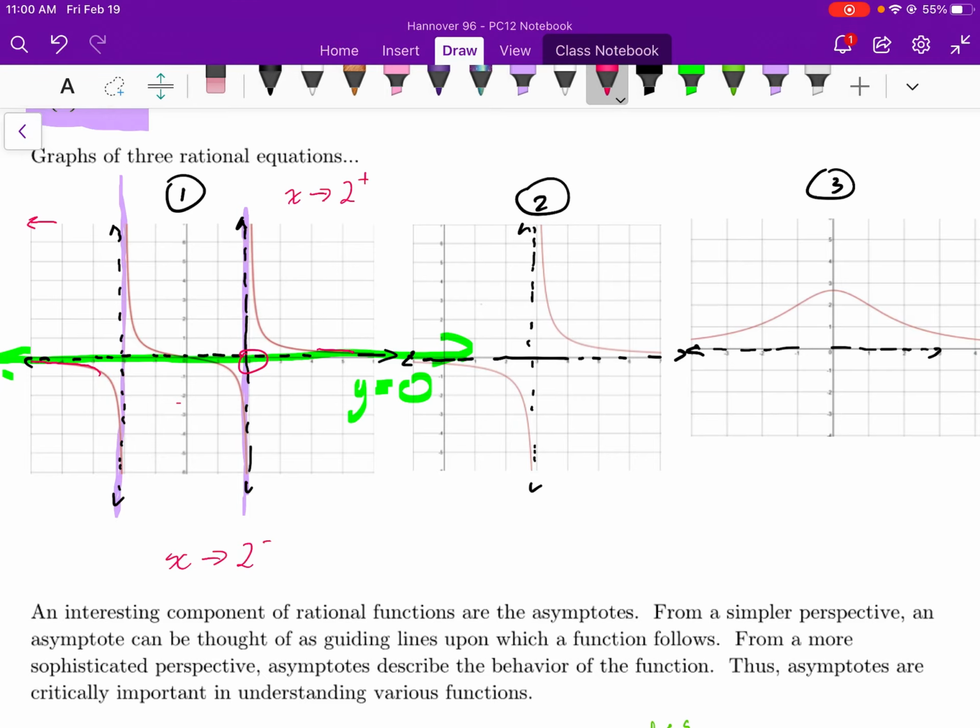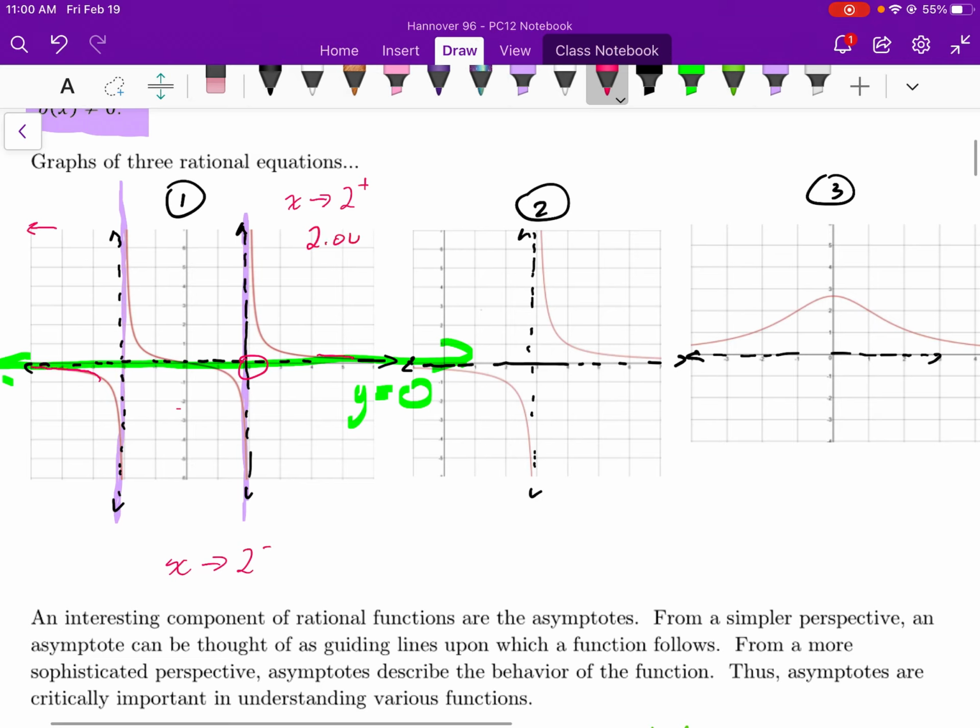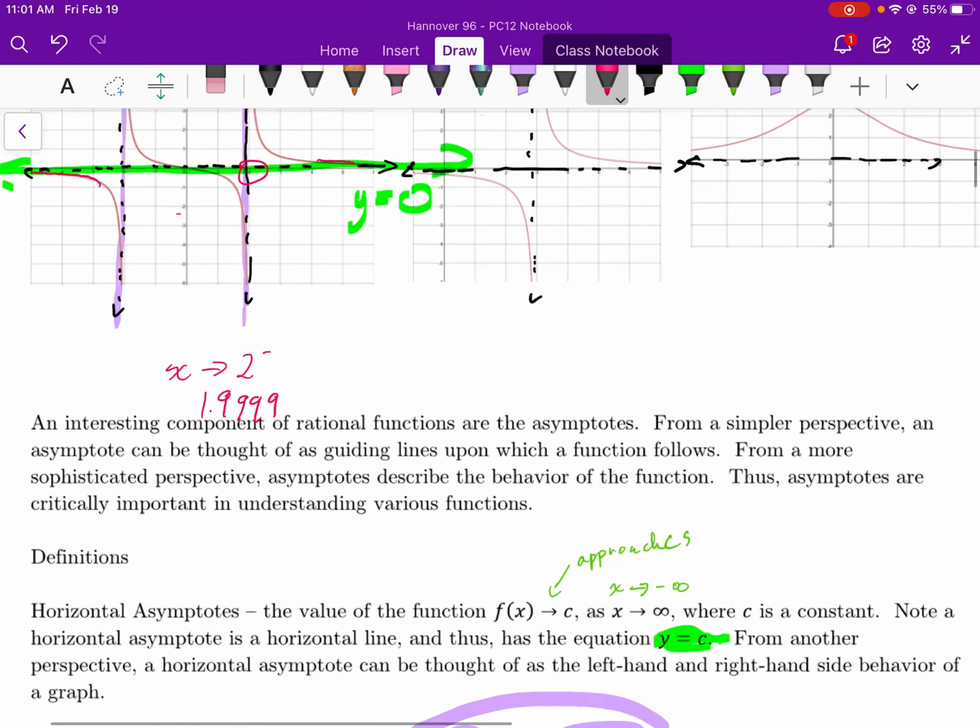If you are having a hard time with x approaches 2 from the positive side, think of this: that's a number higher than 2. If you approach 2 from the negative side, you're looking for a number incredibly close to 2, but just a little bit smaller than 2. So we approach 2 from the negative side and approach 2 from the positive side. I know this vocabulary is all really new to you, but it starts to make sense after a while.